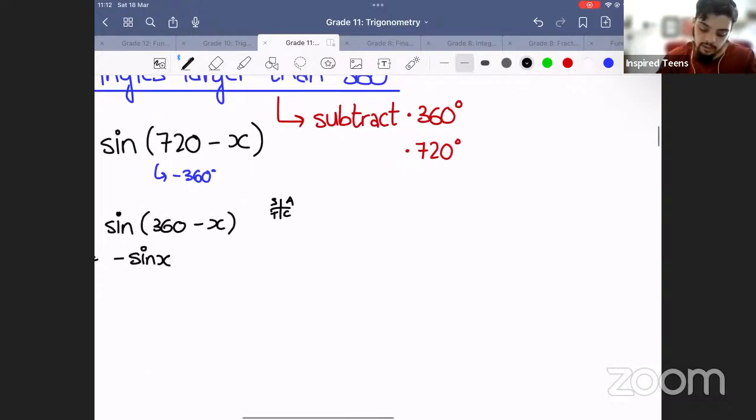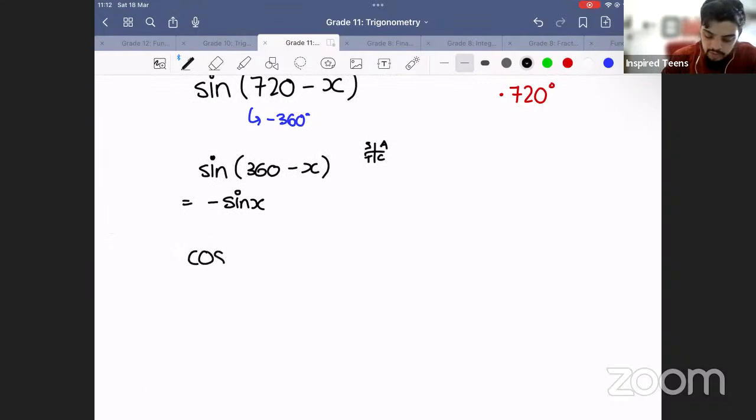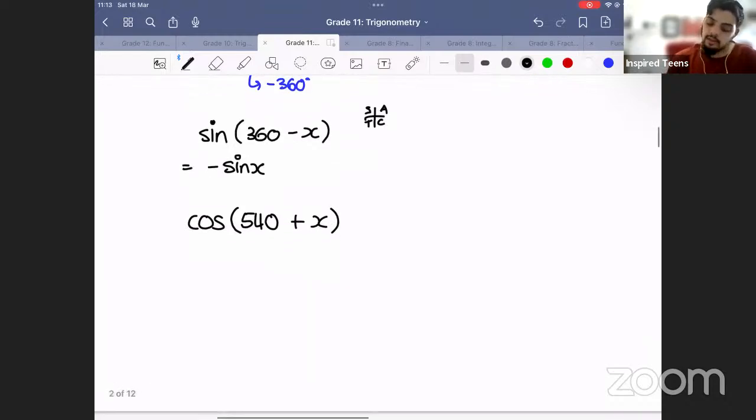Let's do another example. What if I have cos of 540 plus x? In this case it's bigger than 360, so what do I do?